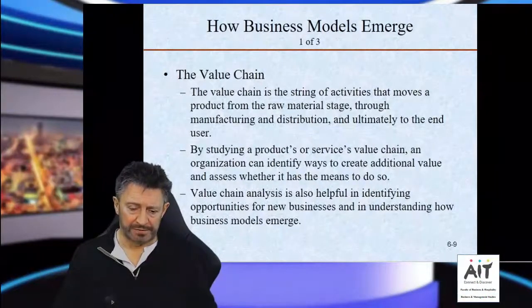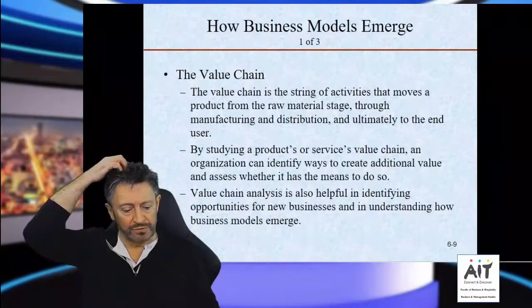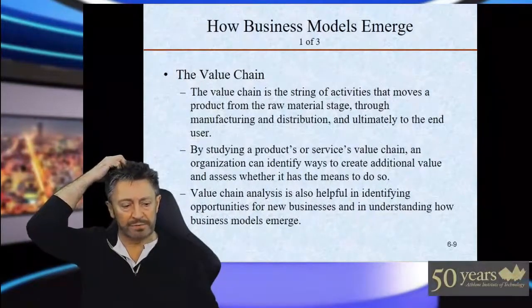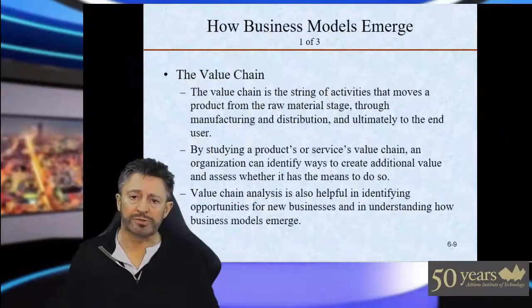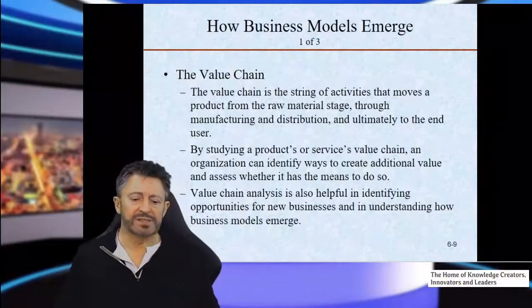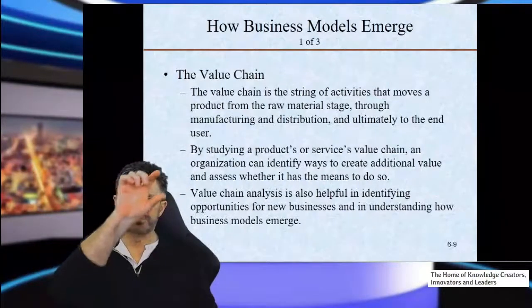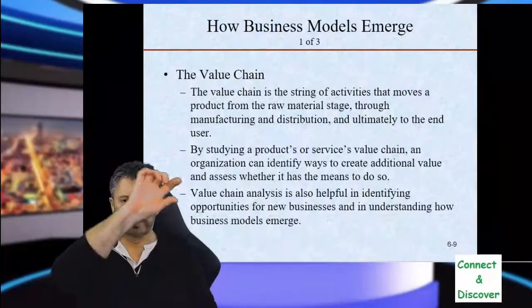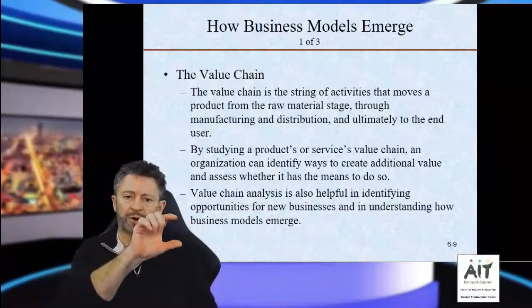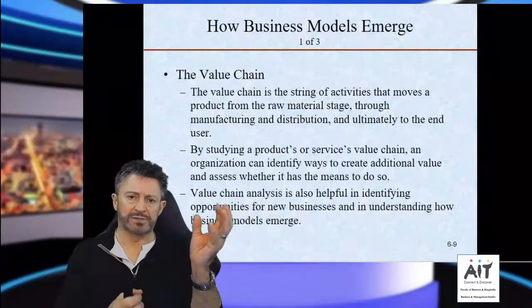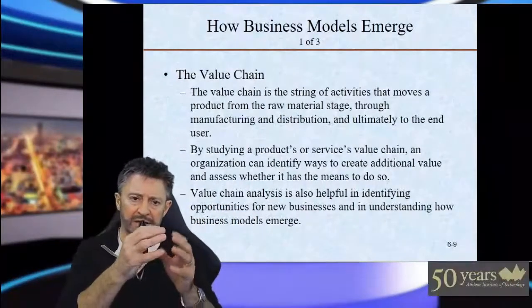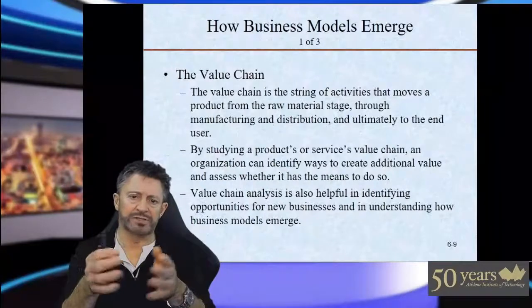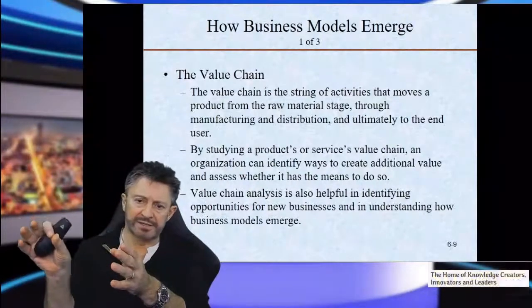If you look up, literally just Google Porter's value chain, and you'll see a diagram which describes primary and secondary activities. The secondary are usually on top. The primary activities are inbound logistics, and then operations, outbound logistics, and then sales and marketing.